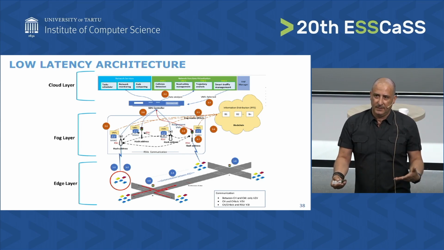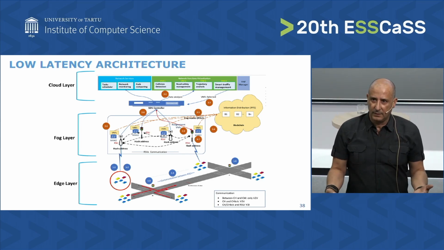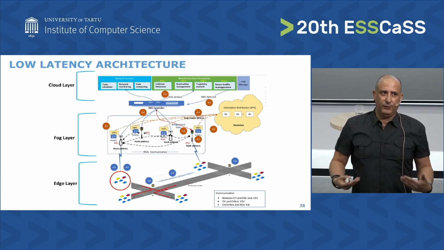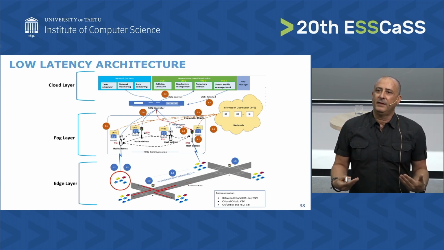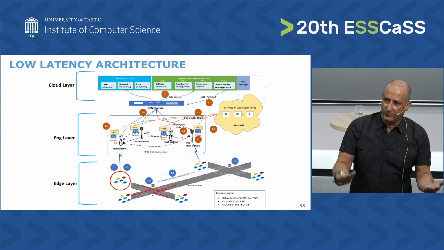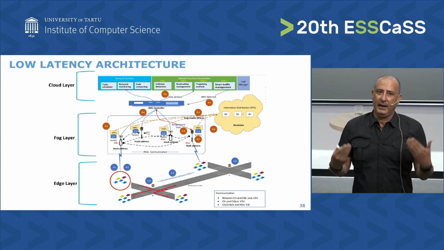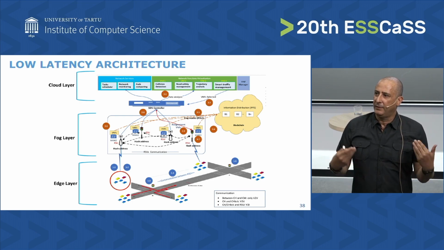We need to keep in mind that the fog does not have the computation power of the cloud. It means that when it is out of resources, it will ask for help. We call this offloading. Then the cloud has to provide the right resources.